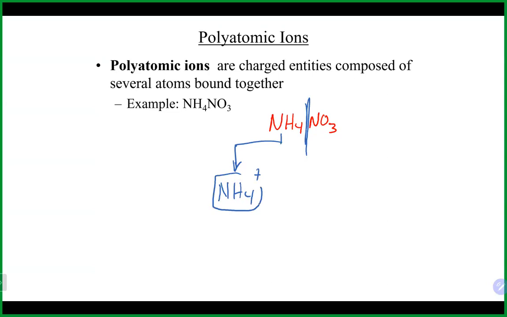That one nitrogen and 4 hydrogen stays together as a whole unit and has an overall charge of +1. This guy right here is 1 nitrogen and 3 oxygens with a -1 charge. Once again, that nitrogen and 3 oxygens stay together as a whole unit and has a -1 charge.